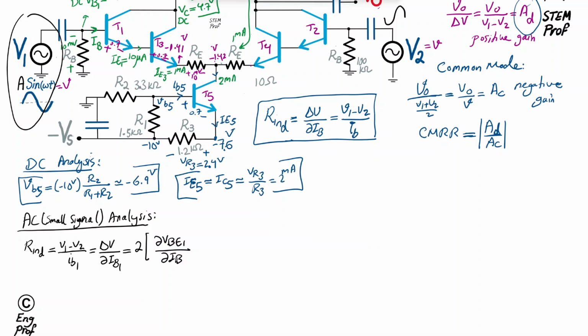This is base of transistor 1. Change in the base of transistor 1 plus the change in base emitter voltage of transistor T3 with respect to still the change in the IB of base 1. And finally we have the change across RE, so that would be simply RE times the change in current is the change of voltage across RE, and then the same thing.